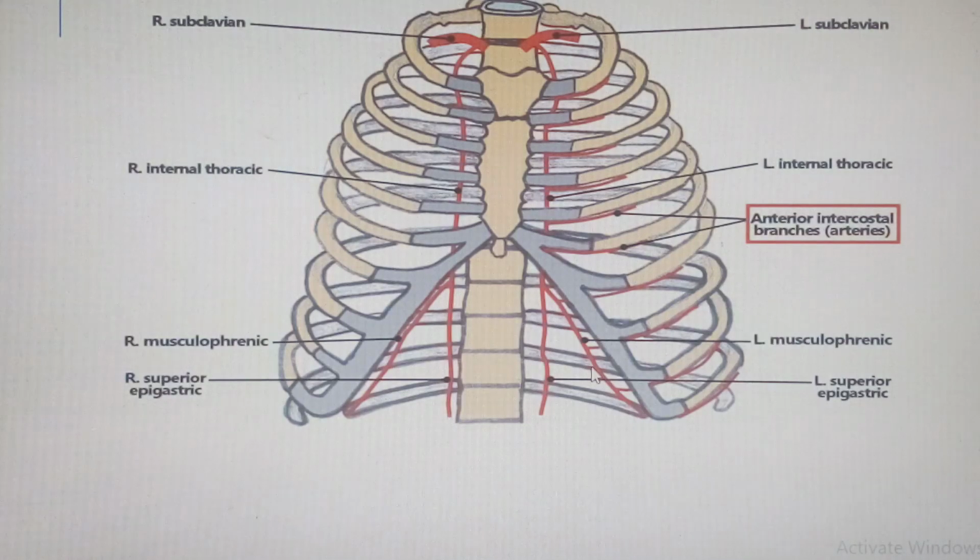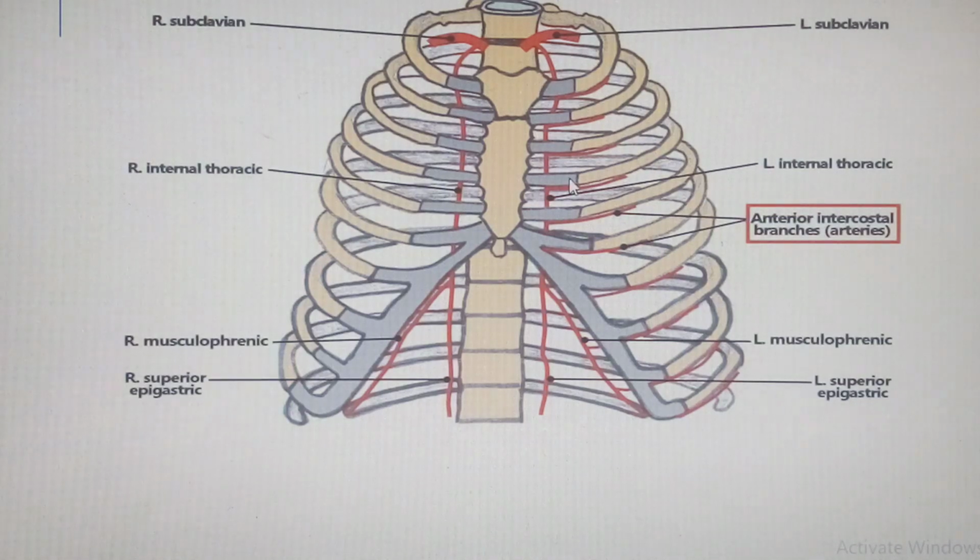Apart from these main branches of the internal mammary artery, we also have some branches like the pericardiophrenic artery, to supply the pericardium as well as some portion of the diaphragm. It may also give off some mediastinal branches to supply some structures in the superior mediastinum, mainly the thymus in a developing individual.